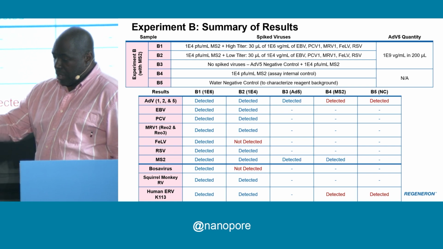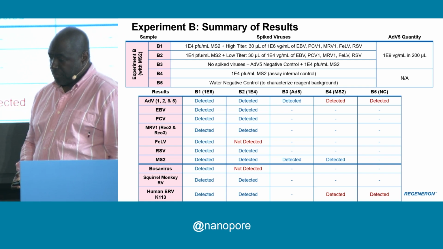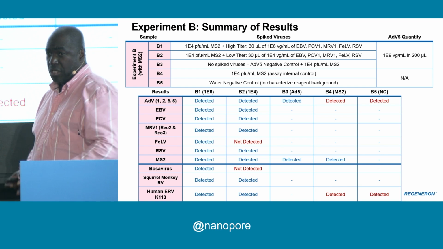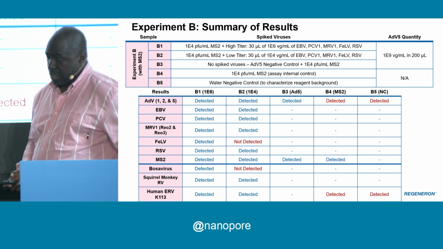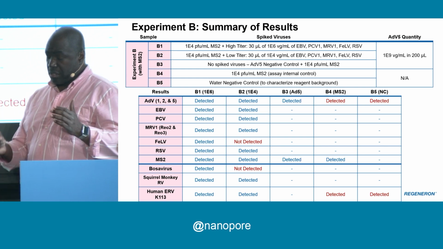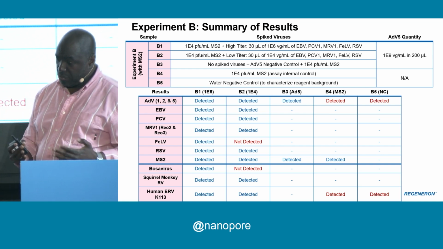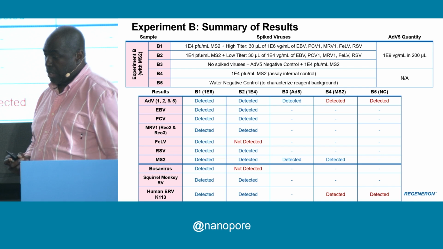With the sample B here, this time we add MS2, right? MS2 as a phage to control really the experiment and make sure that the RT PCR is working, the PCR is working, also the sequencing is working.